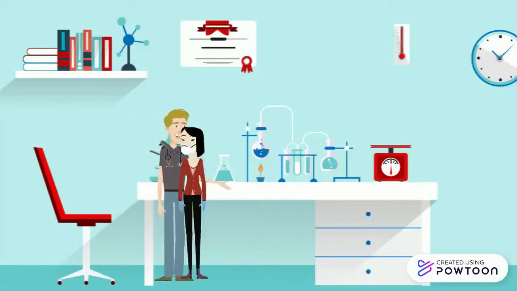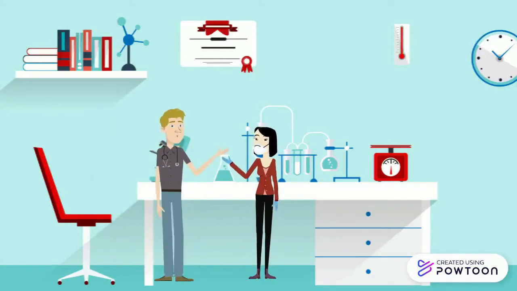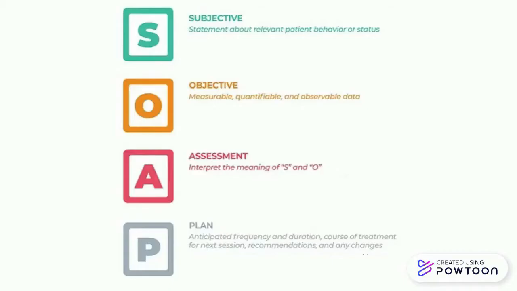Simply put, it's an effective way for healthcare workers to communicate with one another regarding their patient. A SOAP report consists of four parts: the subjective, objective, assessment, and planning.